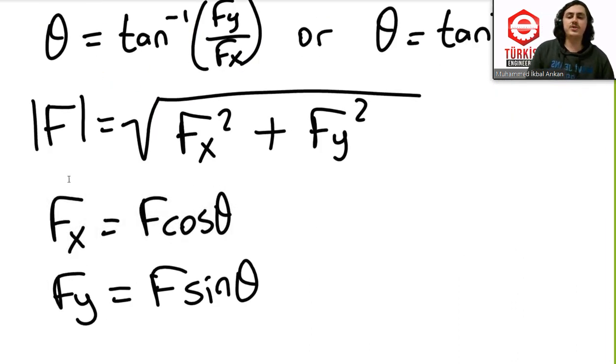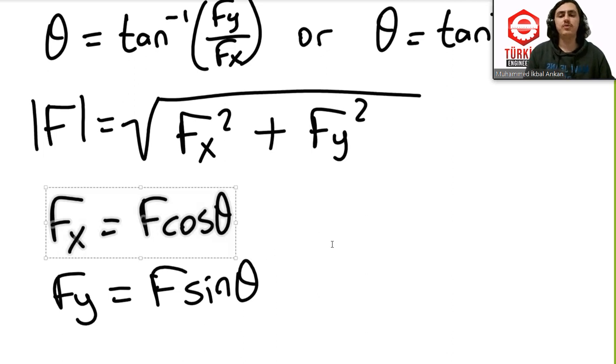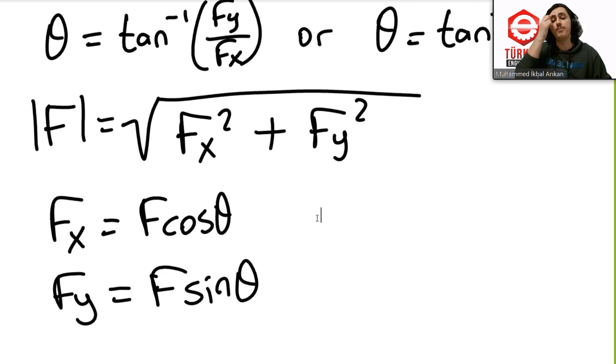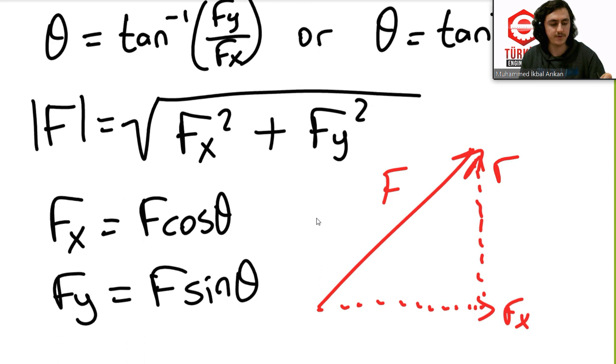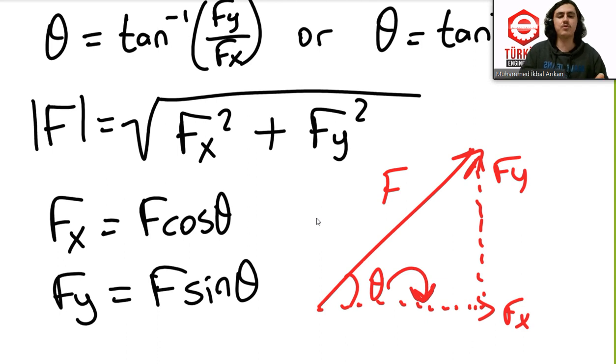If you want to take just one component of your vector, let's say I want to calculate my x component. I have a force which will be like this. If you want to calculate your x component, or your y component, and you have an angle theta, because x is adjacent, you will use cosine theta.